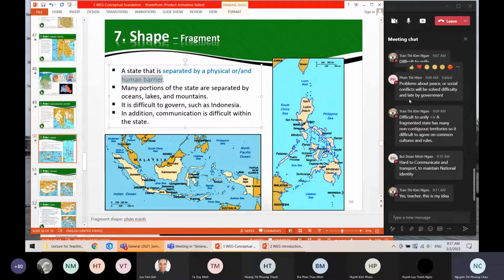Some of you mentioned different culture and rules. It's related to languages. Each island speaks different languages. Because of that, they don't understand each other, right? Other islands speak other languages. How can they understand? That is the human barrier.